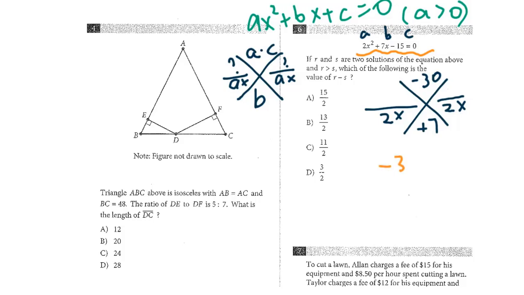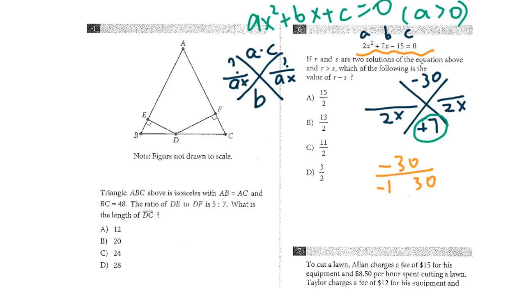Then negative 30, I factor that. I get negative 1, 30. Then we try to add negative 1 plus 30, trying to get positive 7. No, it's not equal to positive 7, which means it's not the factor pair we are looking for.